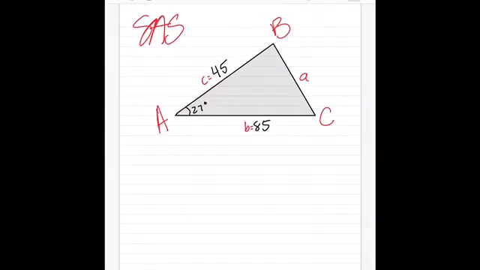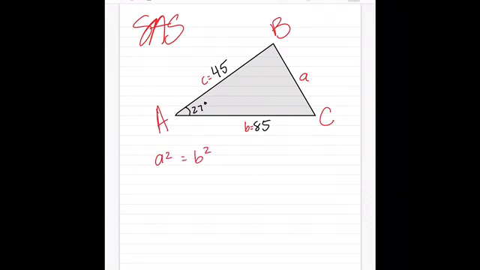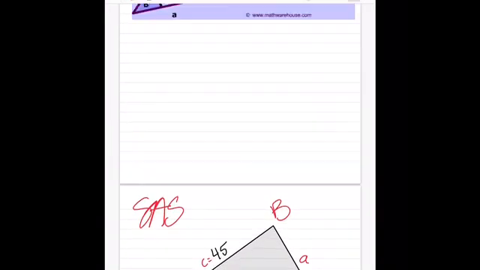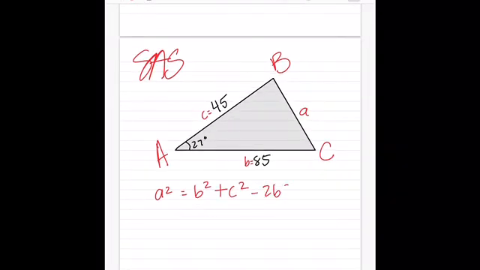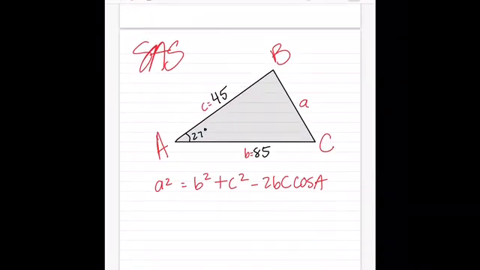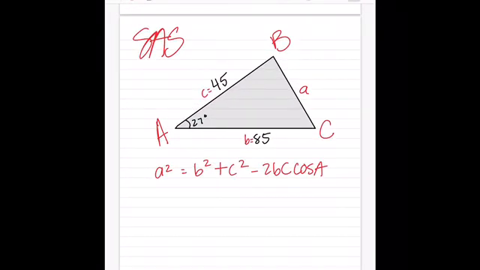We have A squared is equal to B squared plus C squared minus 2BC cosine of A. I can't remember the formula, it's been a hot minute. Yep. All right, and we've got a little multiplication sign there. Let's go ahead and fill in what we've got. I know that I am solving for side A.